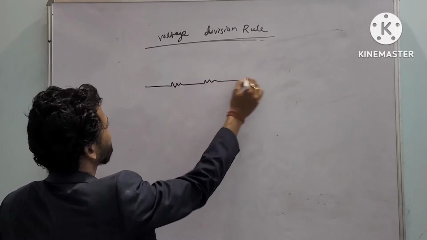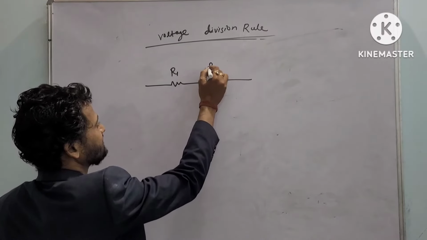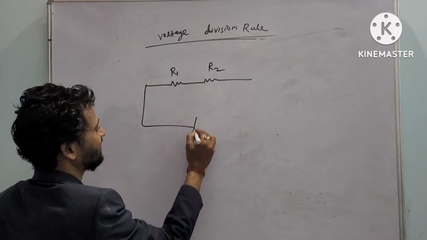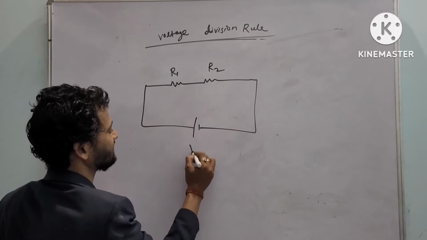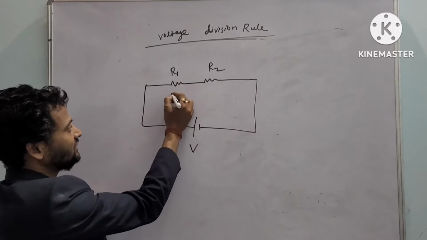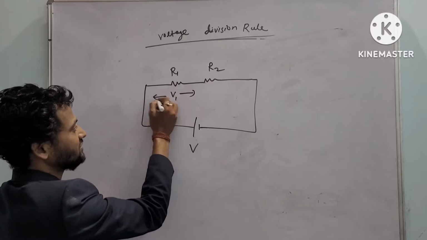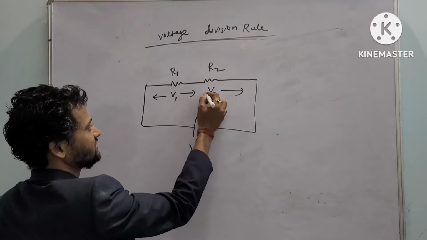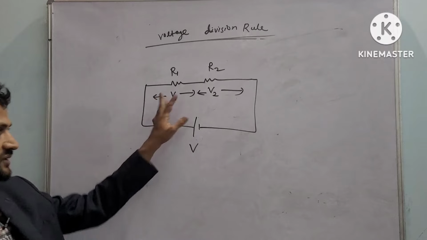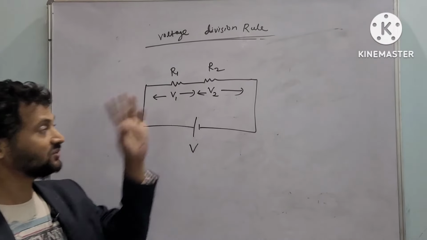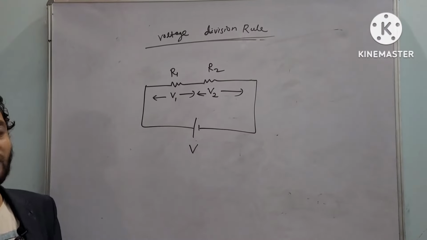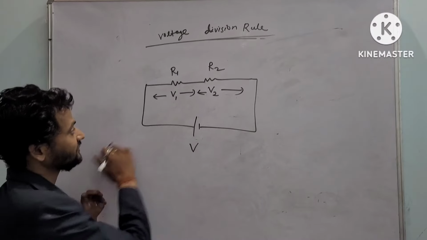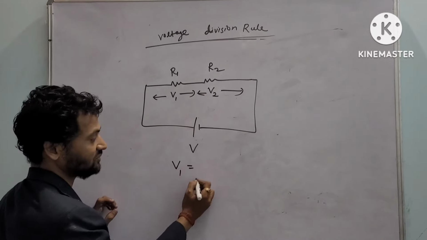Let there are two resistances connected in series and your supply voltage is given to that circuit, and you have to find out voltage drop across two resistors or potential drop across various resistors. Here I have taken two resistors R1, R2. The voltage V1 का फॉर्मूला क्या है?